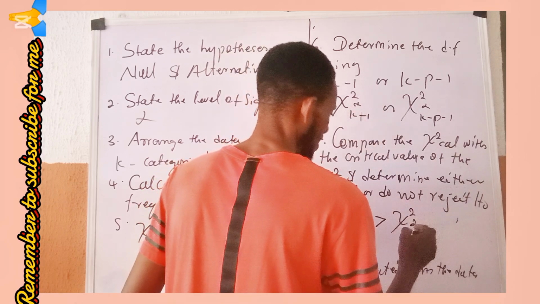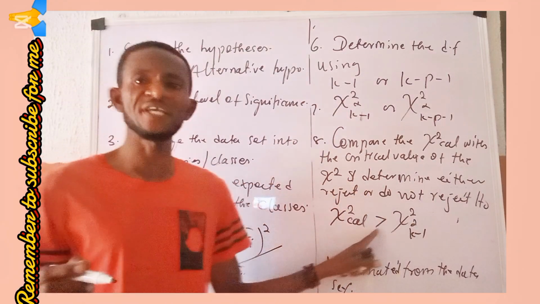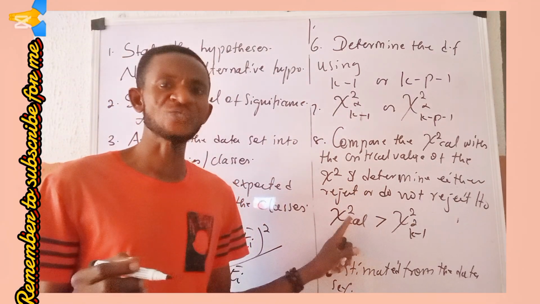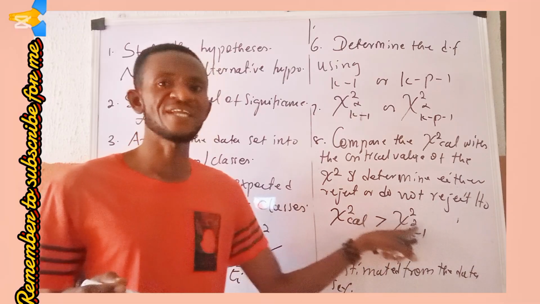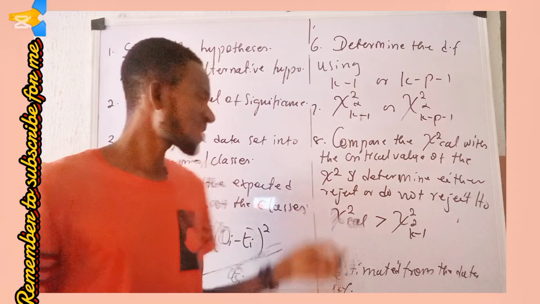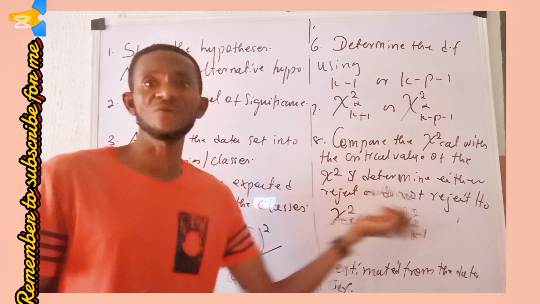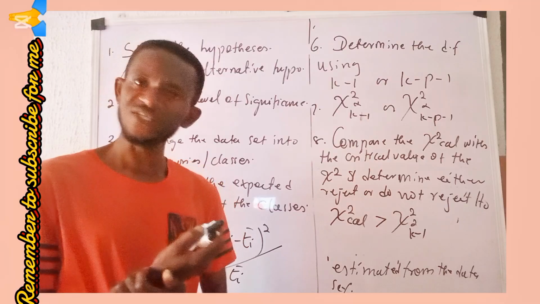We can only reject if this condition is satisfied, that our chi-square calculated is greater than the chi-square tabulated. And in that case, we are saying that our chi-square calculated has fallen into the critical region of the chi-square distribution.